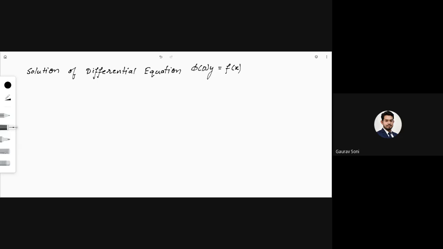Anyone, do you remember from your M1, M2, M3 of your diploma? What is a solution? Or if you have read it, what is the solution of a differential equation?